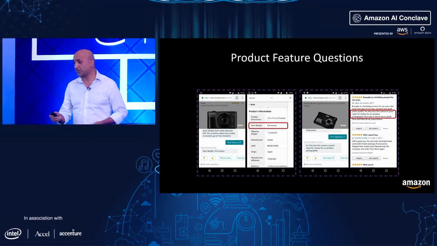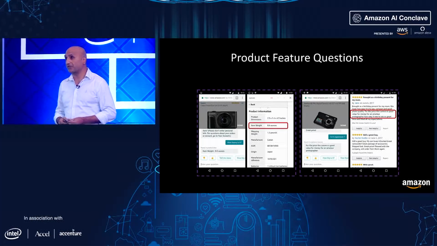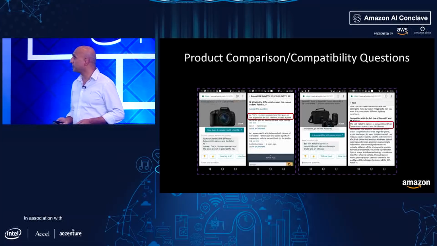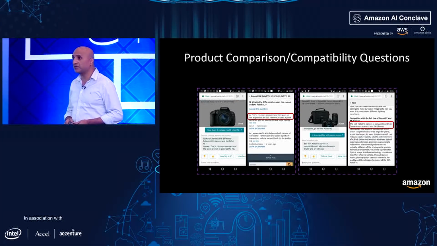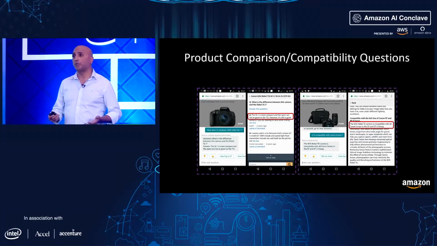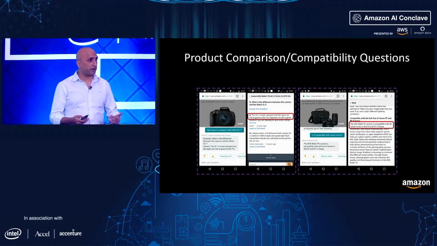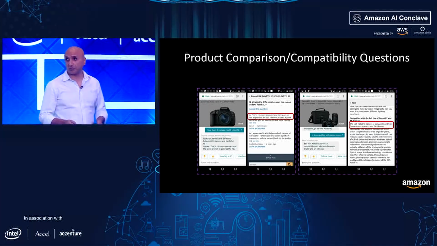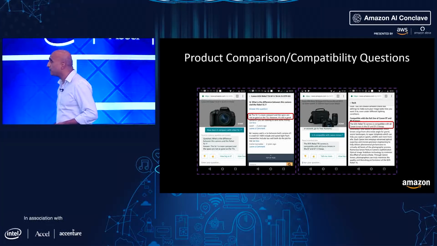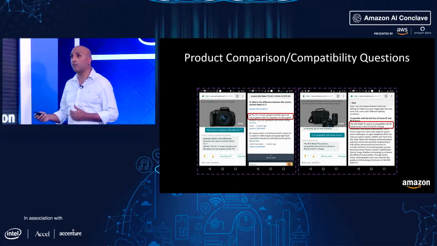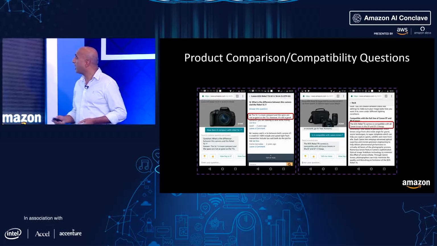So what this means is you need to do semantic matching between questions and snippets. And then there are product comparison questions that compare two products with respect to different features. We have product compatibility questions that are about how well a pair of products work together.